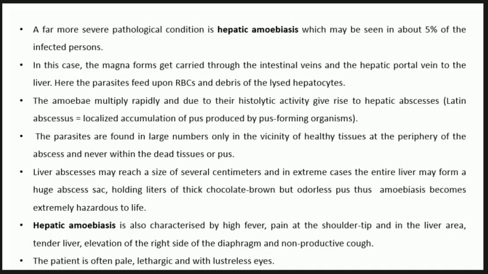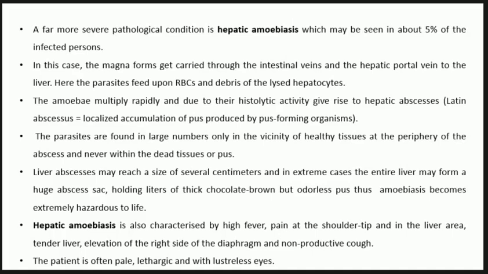What is this abscess? It is a Latin word, a localized accumulation of pus produced by pus-forming organisms. Remember, so there will be damage to the tissue. Definitely this damage will lead to the localized accumulation of pus produced by the pus-forming organism, and this is abscess. So hepatic abscess will be observed initially.